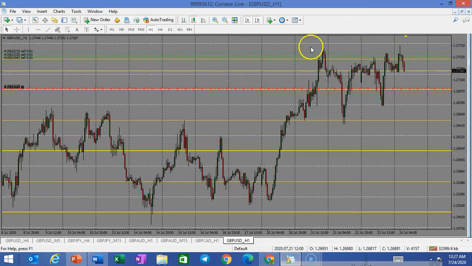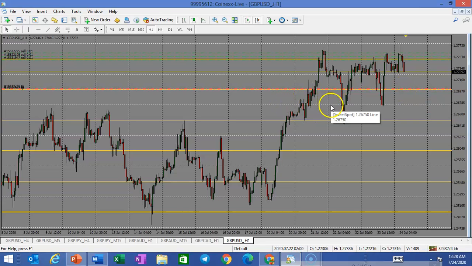Price action has just kind of hit a resistance, and it's continued to be knocked down. And it has definitely penetrated the 1.27000 level. It's been twice already. And I believe it's going down for a third touch.